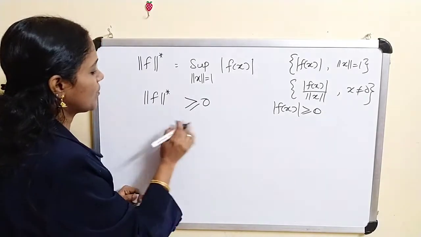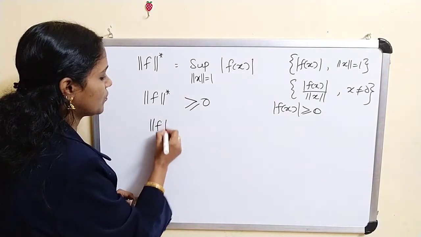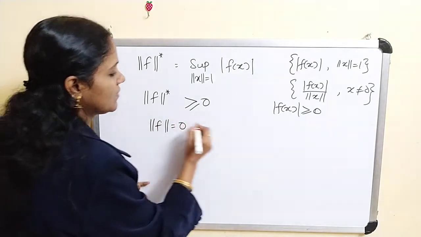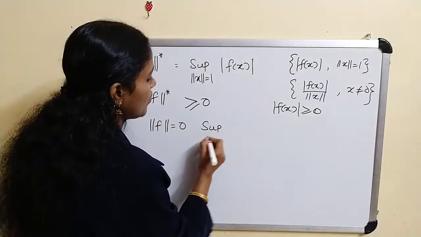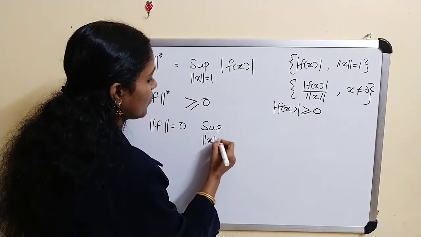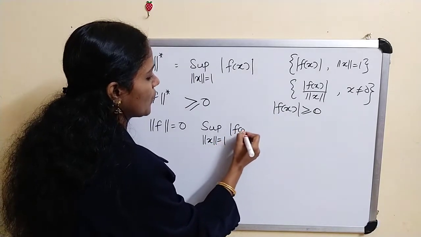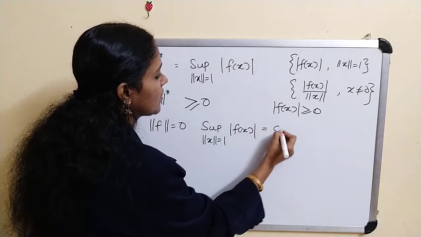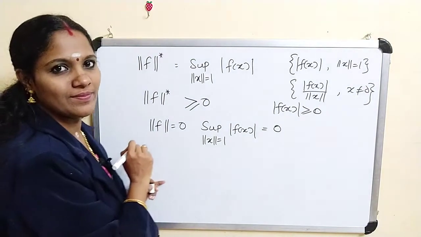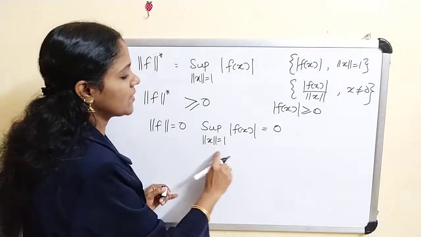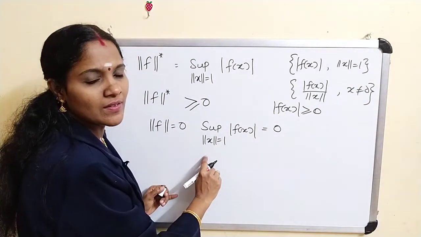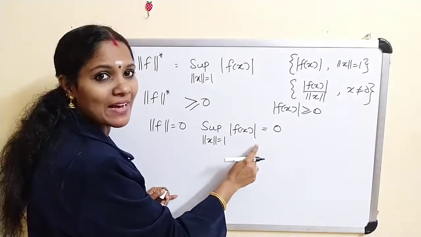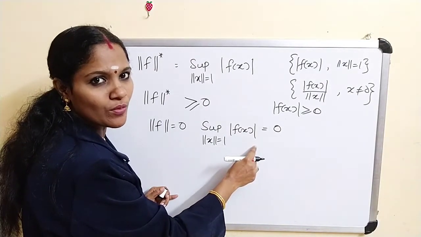Now what about norm of F equal to 0? Suppose norm of F equal to 0. This implies the supremum over norm of X equal to 1 of modulus of F of X is equal to 0. This means the supremum value is equal to 0.